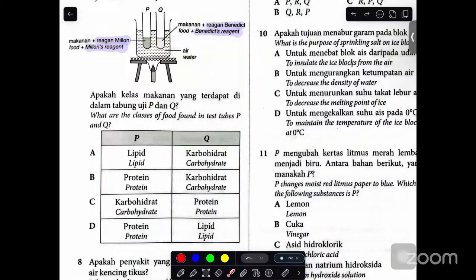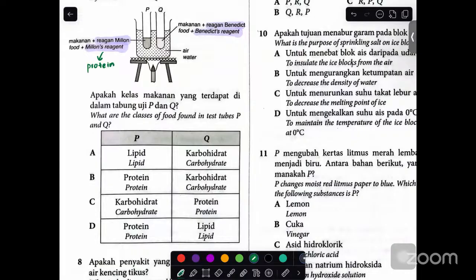Millon untuk apa? Benedict untuk apa? Okay, correct. Millon's reagent ni kita akan gunakan untuk test protein.